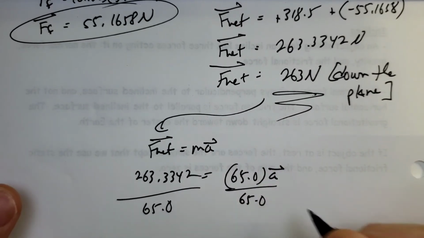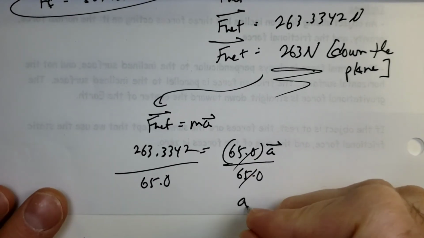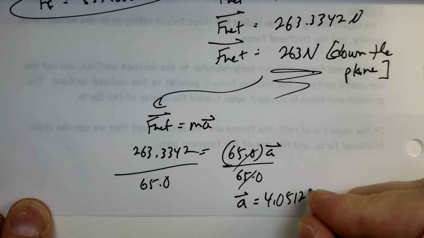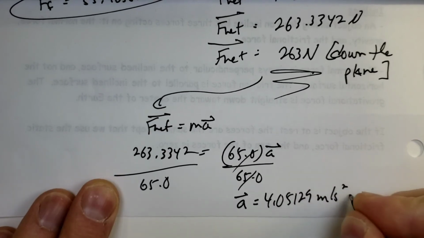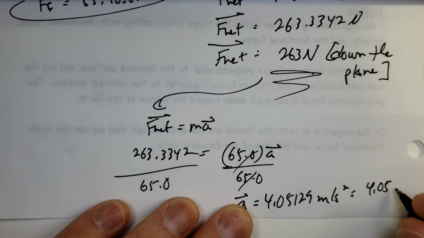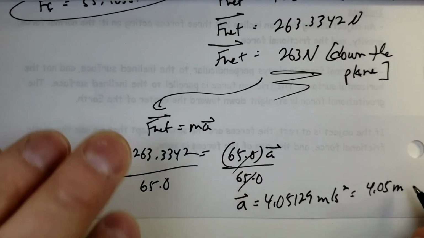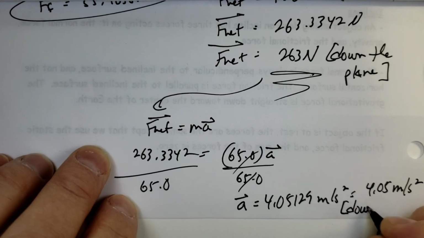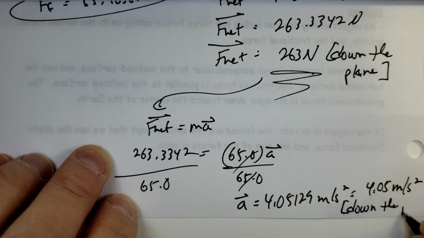Hopefully you didn't run out of room here, ladies and gentlemen. A is equal to 4.05129 meters per second squared. I think we can round that off to 3 sig figs. 4.05 meters per second squared. And the same direction as F net down the plane.